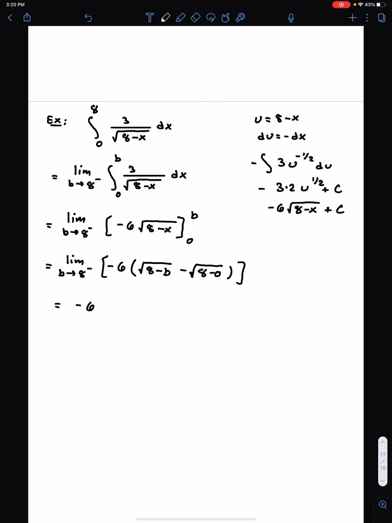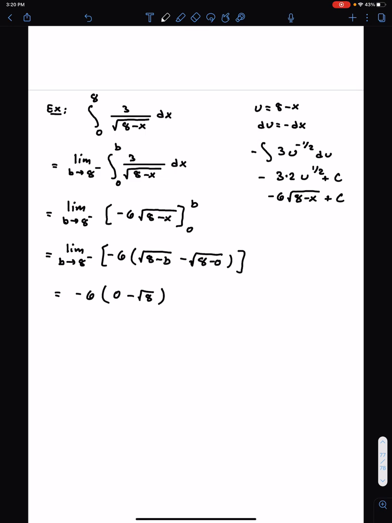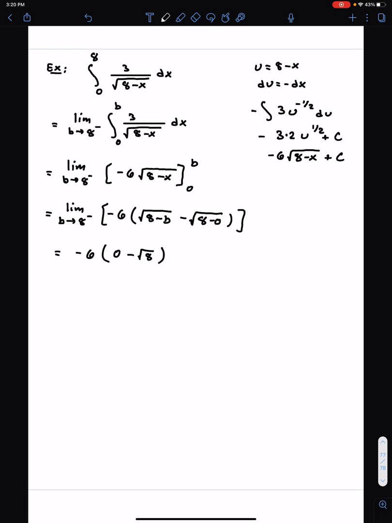If I take a limit of the first term, 8 minus 8 is 0, minus the limit of the next term, which is the constant itself, so minus square root of 8. So this is 6 square root 8. I can break down 8 as 4 times 2. So this limit is 12 root 2, and that integral is 12 root 2, so the integral converges.